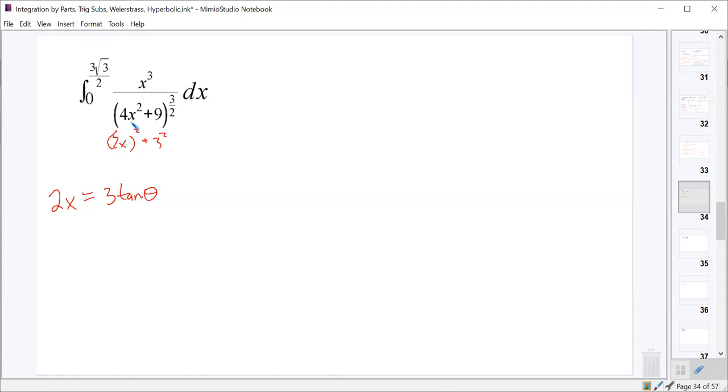Because if I let u equal 2x to start with, then I have to put in a 2 up here and a 1/2 out here and change my limits of integration and all that nonsense. So let 2x equal 3 tangent theta, and then the denominator ought to become what?